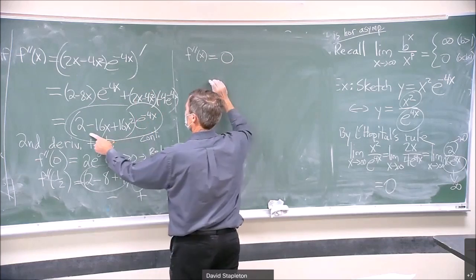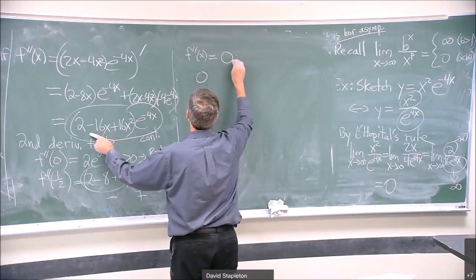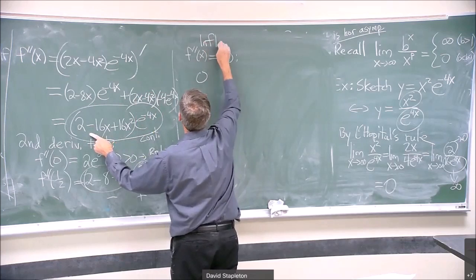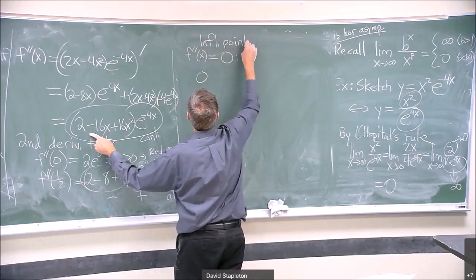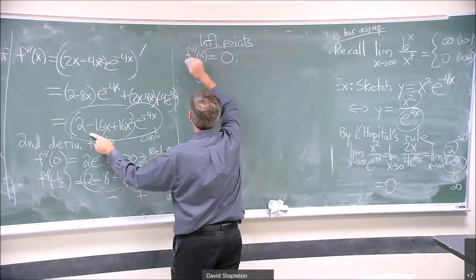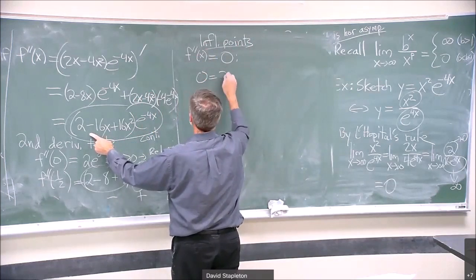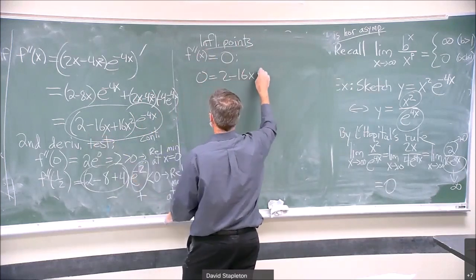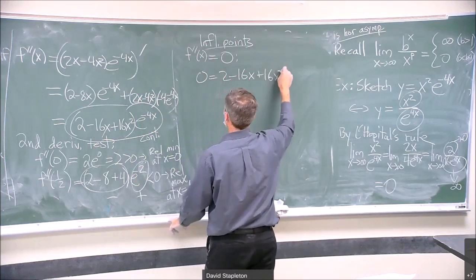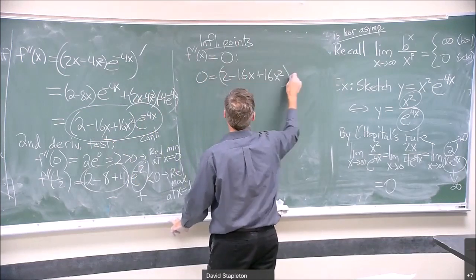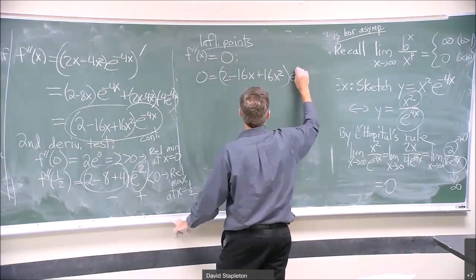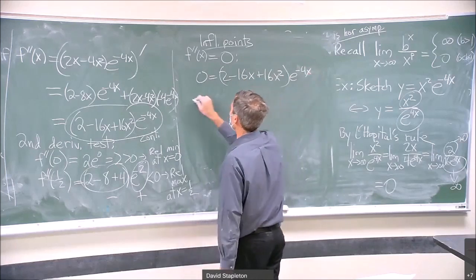But to set the second derivative equal to 0, to look for inflection points, we put 0 equals (2 minus 16x plus 16x squared) e to the minus 4x. We can multiply both sides by e to the plus 4x since that's not 0.